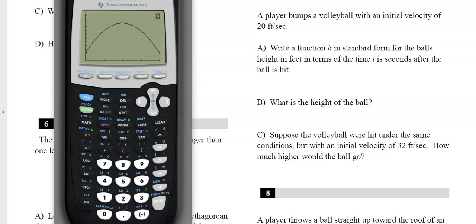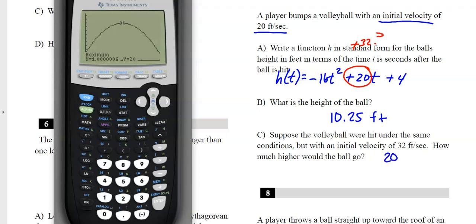Second calculate, maximum, left side. Hopefully you're starting to get the hang of how this works. Enter. Looks like 20. All right, so this one goes, instead of 10.25, all the way up to 20 feet.